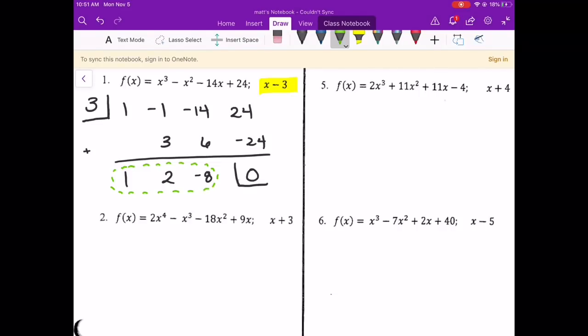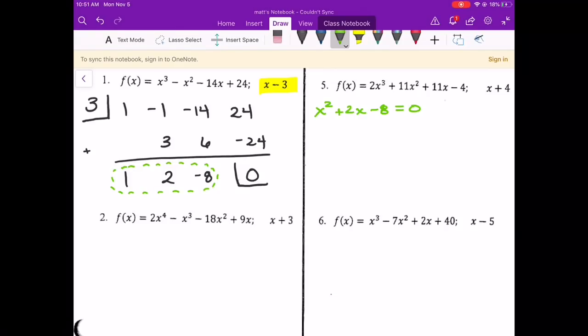So I'm going to rewrite this as x squared plus 2x minus 8 equals 0, because I'm looking for the rest of the solutions. This is a degree 3, or a cubic polynomial, so I should have 3 answers.